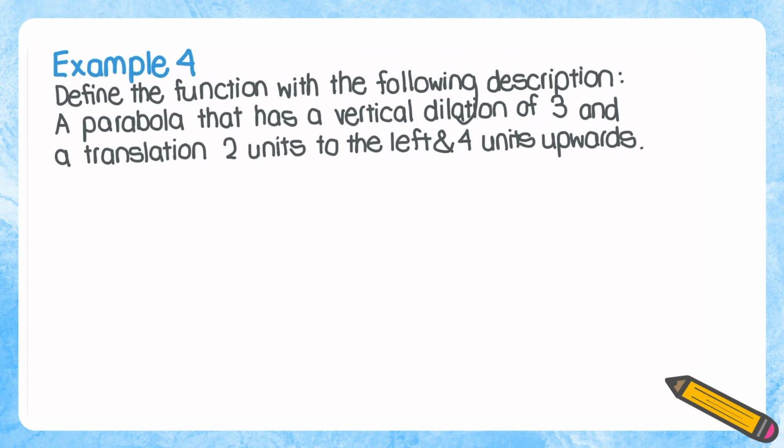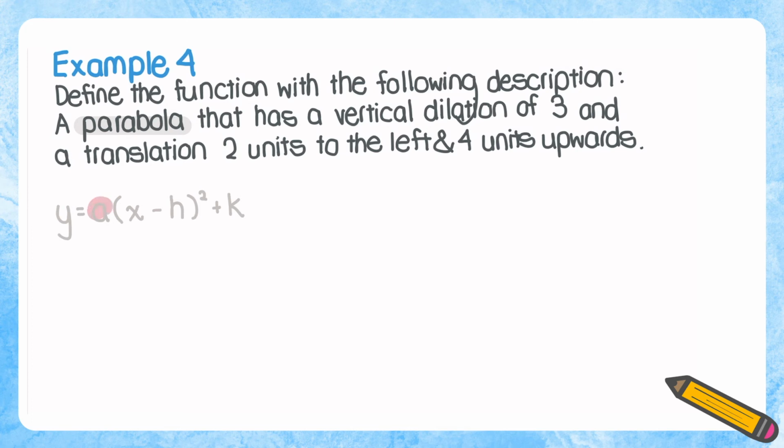Well, since it's a parabola, I know that it's going to have a certain look. So since it's a parabola, I know it'll look like y equals a times (x minus h) quantity squared plus k. So next, let's find what a, h, and k would be based on this description.